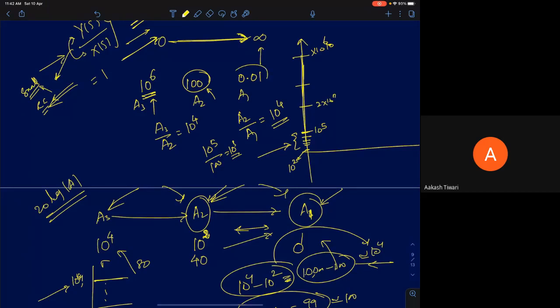Now, if I want to plot 0.01, I have to divide this small region again into thousands of units. It will be 1 by 10,000 of it. So it will be almost invisible here. So I can't distinguish 10 square and 0.01 if I plot it on a linear axis.